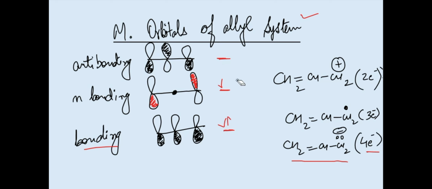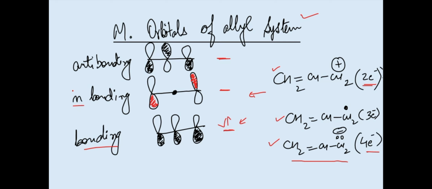In the case of the cation, there will be only 2 electrons, so it will look something like this. So the HOMO in the case of the anion will be this one. HOMO in the case of the radical will also be this one. HOMO in the case of the cation will be this one.